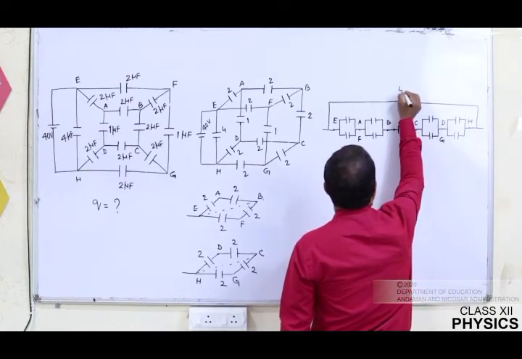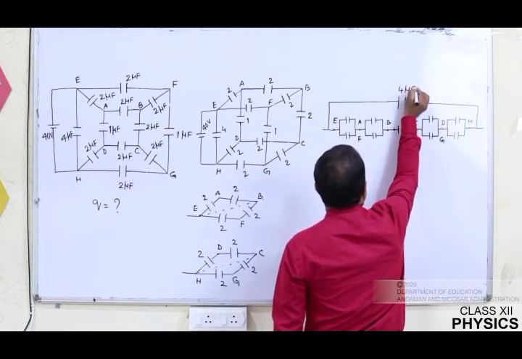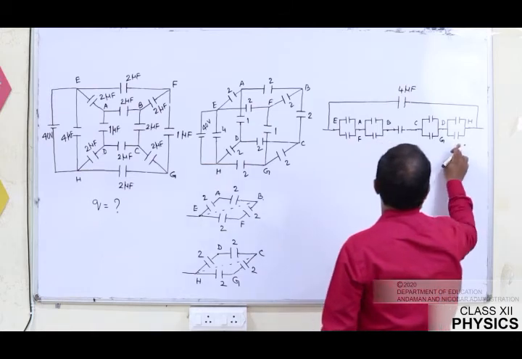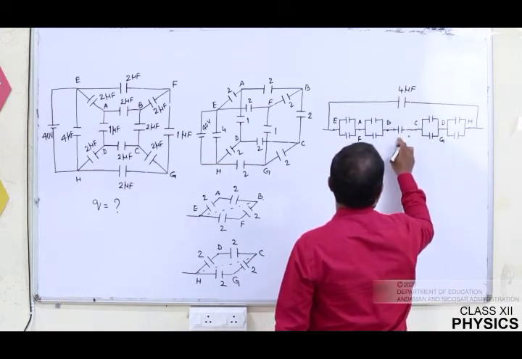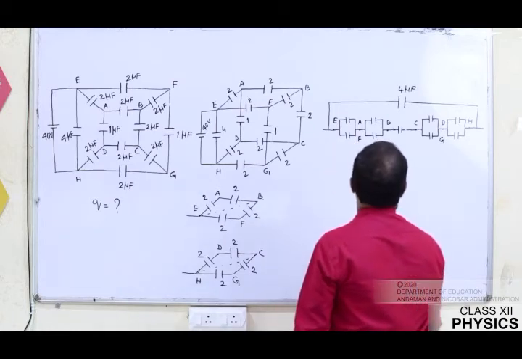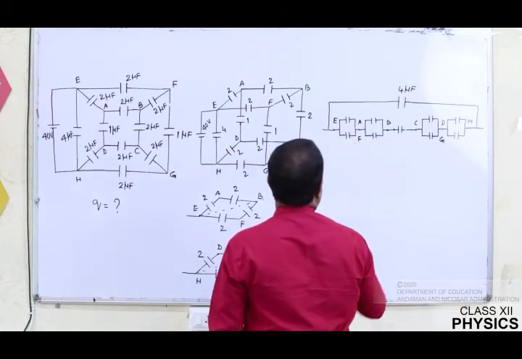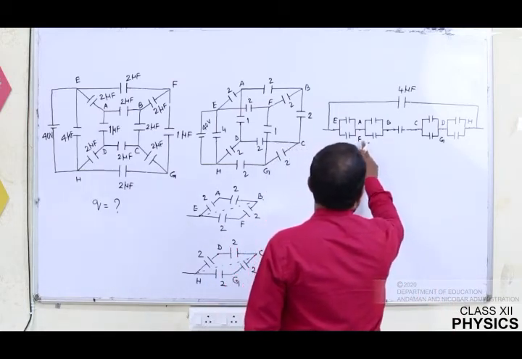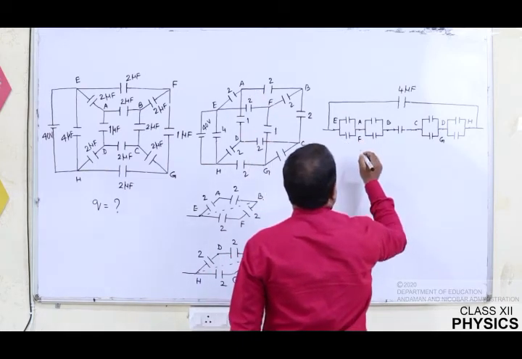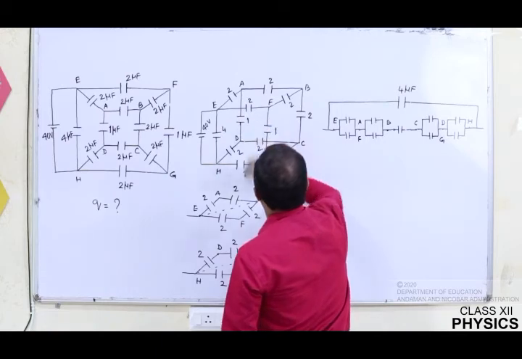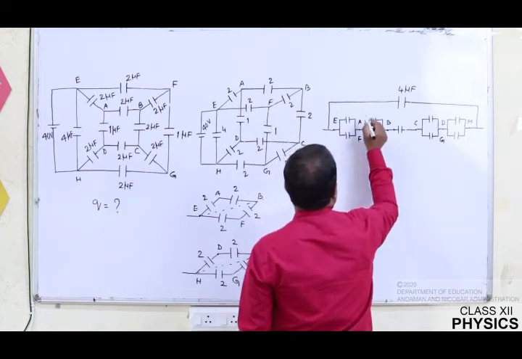So this is 4 microfarad. So 2, 4, 6, 8, 9, 10. 2 more capacitors I want. So therefore, A to D, F to G, these are to be connected.